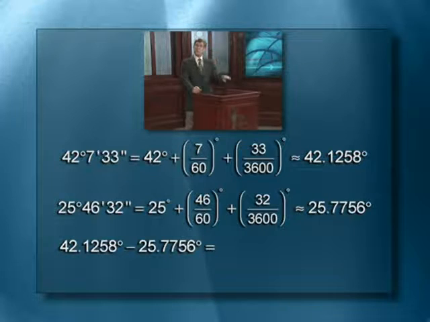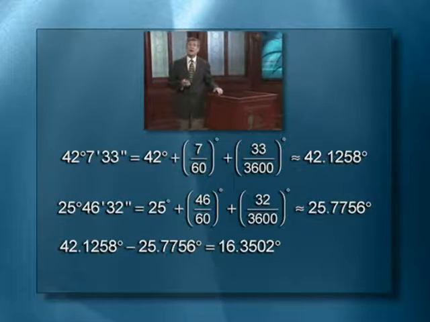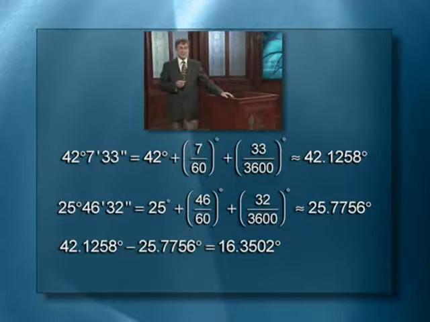What's the difference between the angles? Well, you subtract them. And if you subtract these two angles, you get about 16.3502 degrees. So that's the degree difference between Erie and Miami if you have the angle starting at the center of the Earth and going out to those two cities.